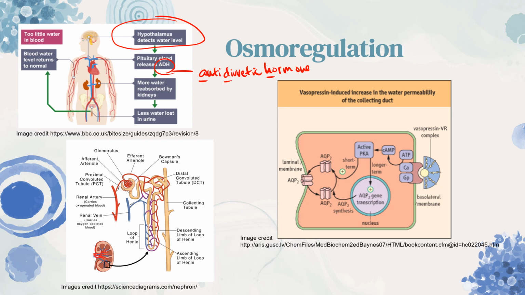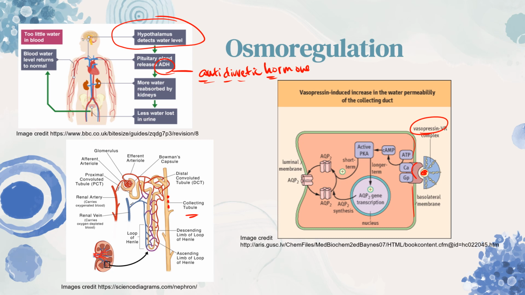The target of antidiuretic hormone is cells that make up the walls of the collecting tubule. This is showing one of those tiny little cells making up the wall of the collecting tubule. The receptors for ADH are on the wall. ADH is the ligand. It's going to bind to the receptor. ADH can also be called vasopressin.